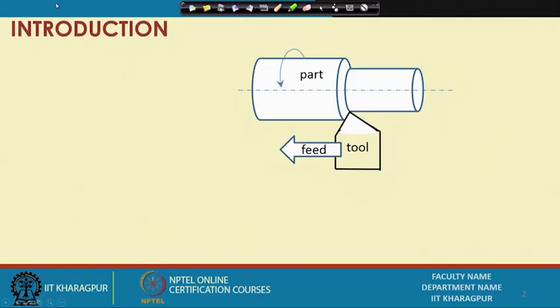So, let us have a look at this particular figure. What do we have? We have here a workpiece or part or job, shown here rotating, and there is something called a tool or a cutting tool here.